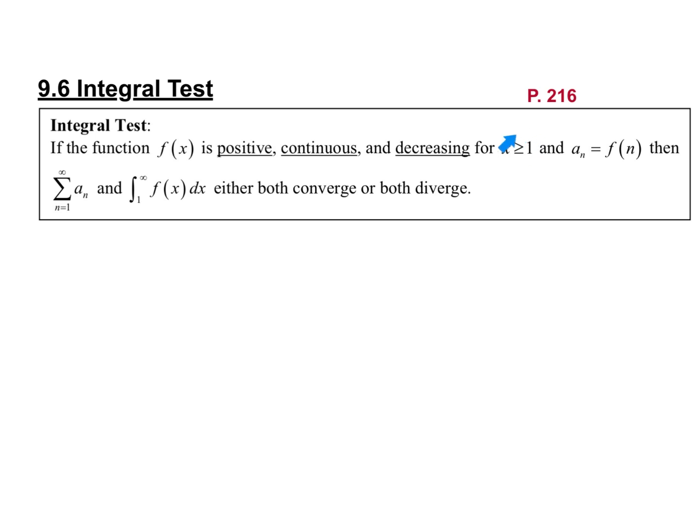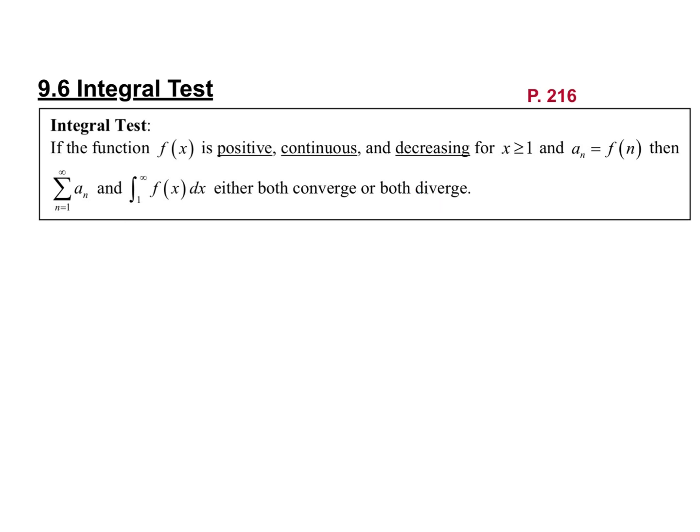It only applies when x is greater than or equal to 1. And the terms a sub n are equal to f of n when we substitute n in for x. Then, if this is true, the series and the integral either both converge or they both diverge.